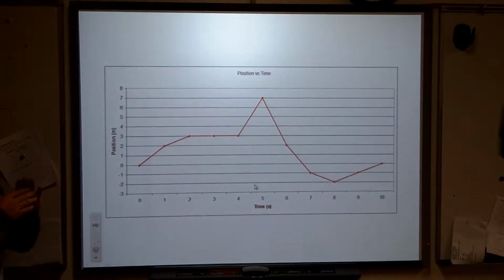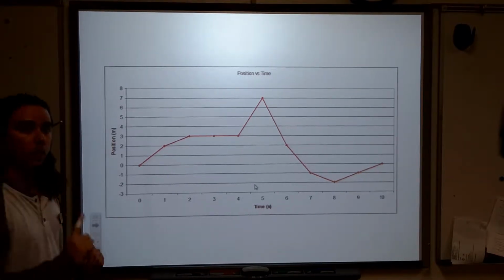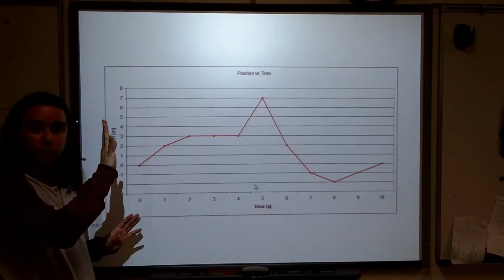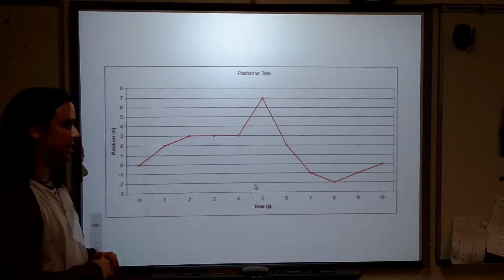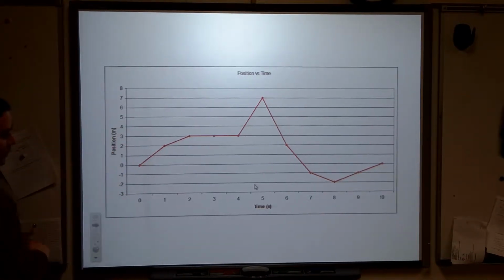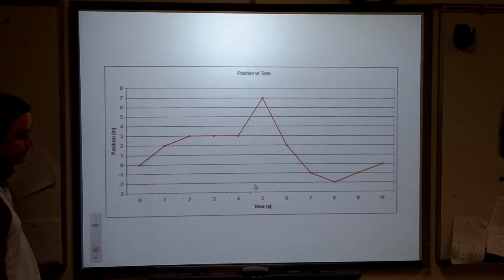The negative means, because position can be a vector, our displacement, delta x, is a vector, the negative keeps track of which direction in our one dimension. So we can either go to the right or to the left if it's in the x direction. We can go up, which is positive usually in the y, or down, which is negative. But we can have negative values for our position.